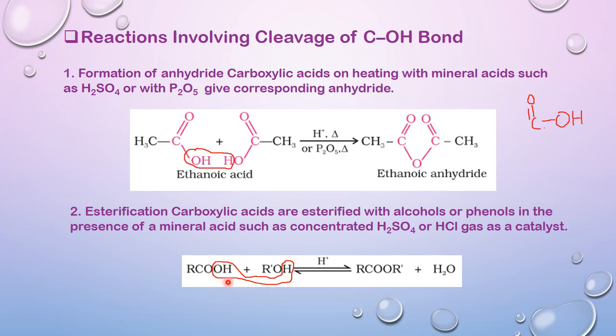So the hydroxyl group is removed from the carboxylic acid and hydrogen from the alcohol, in presence of a mineral acid as a catalyst, say concentrated H2SO4, which is the best dehydrating agent, and we are able to obtain our desired ester.